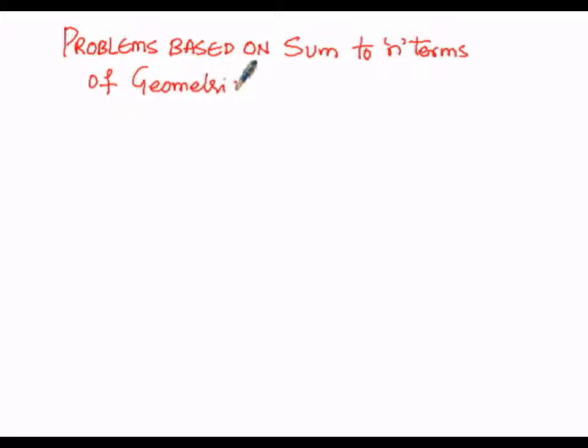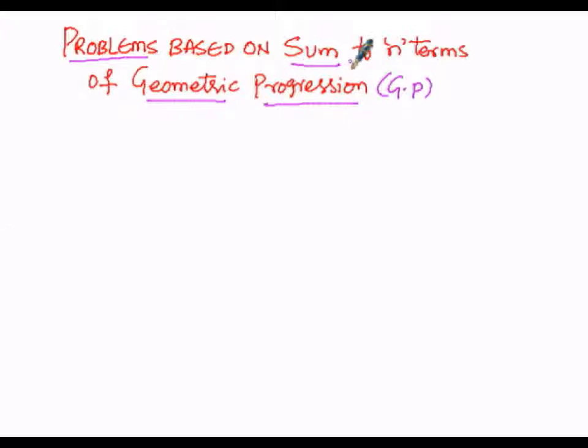Here in abbreviation the geometric progression can be expressed as GP. So here GP stands for the geometric progression, and we are going to deal with a few problems that are based upon the sum, denoted by capital S of n terms. Overall we can write it as S of n, part 2. The problems under part 2 are at an advanced level.